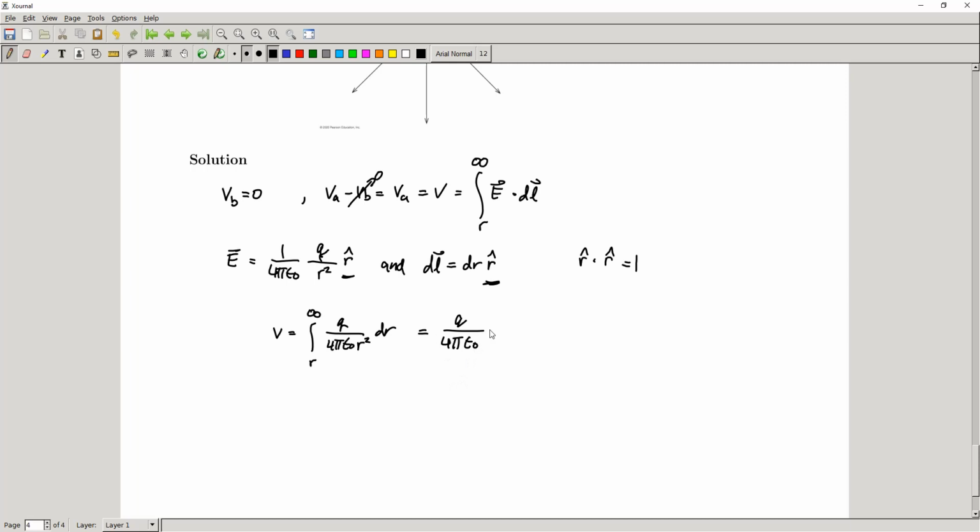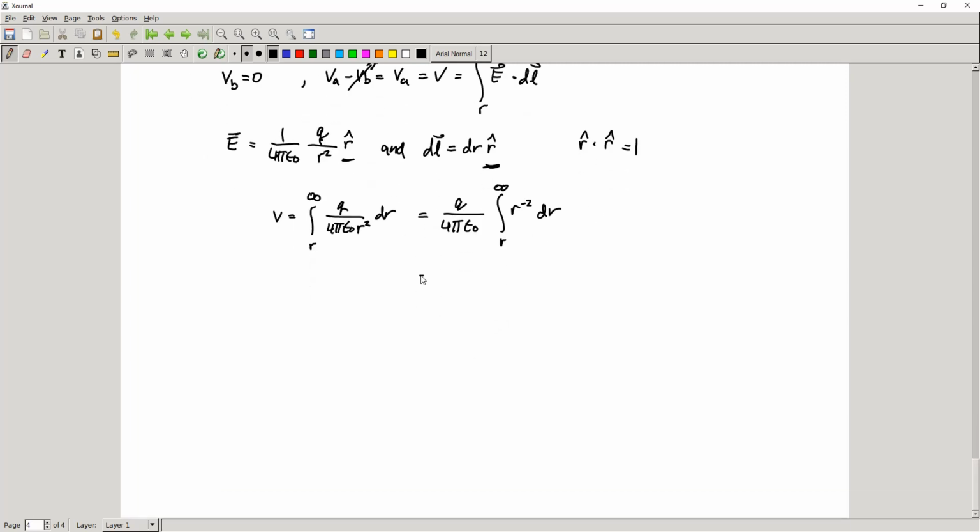None of those have any r dependence, and we're just looking at the integral from r to infinity of r to the minus 2 dr. If we do that integral, maybe I'll just keep it all bundled together, we find minus r to the minus 1, which I can write as minus 1 over r, and we need to evaluate this from r to infinity.